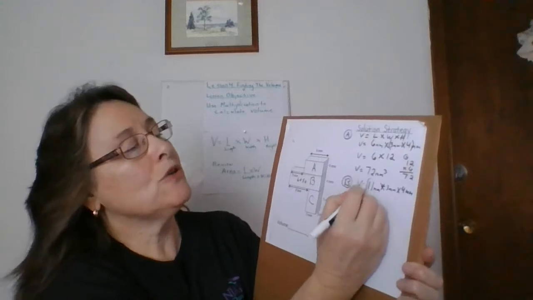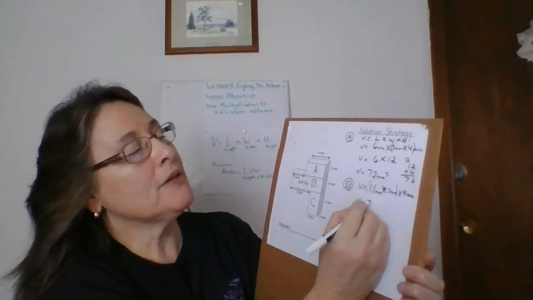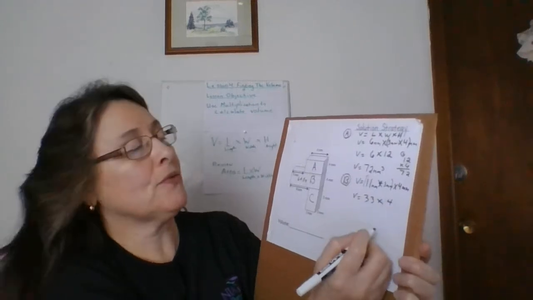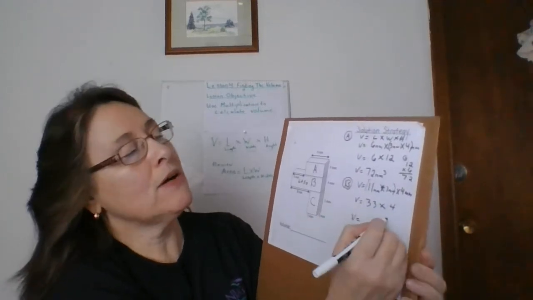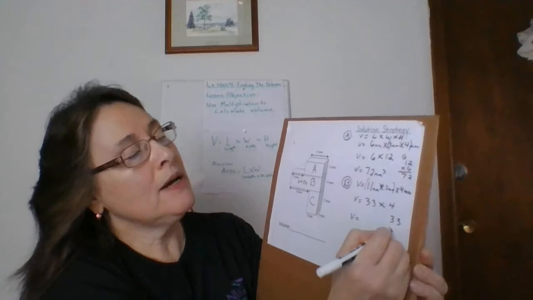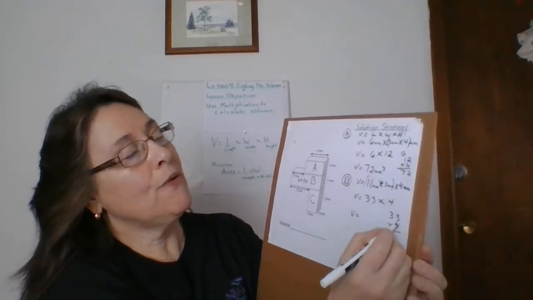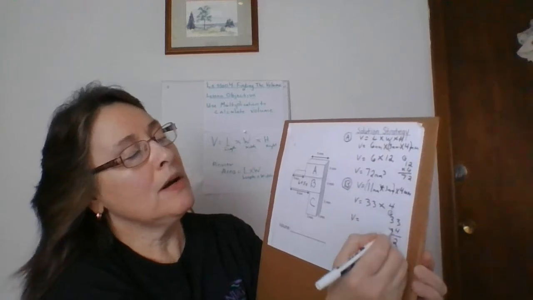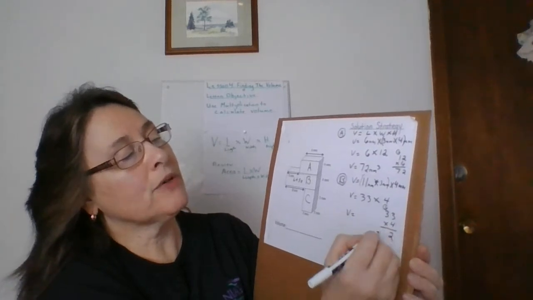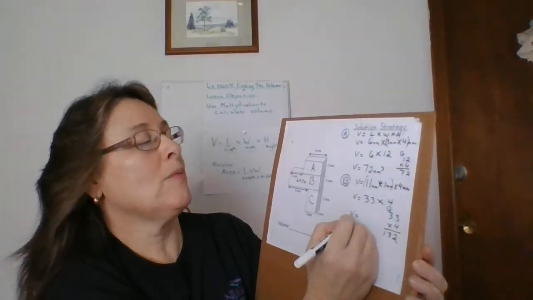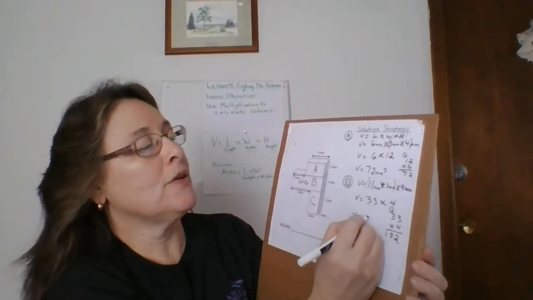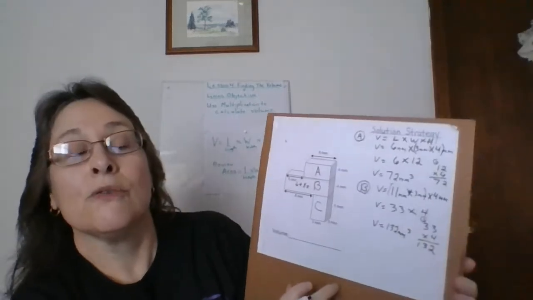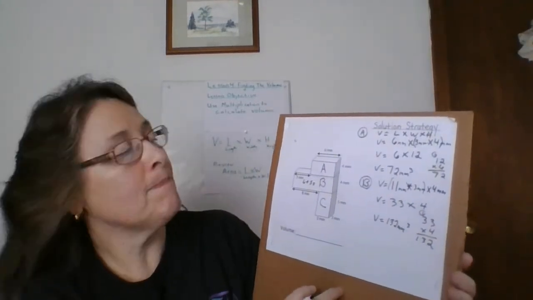I'm going to go ahead and do 11 times 3 is 33, and then I have to do 33 times 4. So to find my volume, 33 times 4, 4 times 3 is 12, carry my 1, 4 times 3 is 12 plus 1 is 13, so my volume is 132 millimeters cubed for box B.